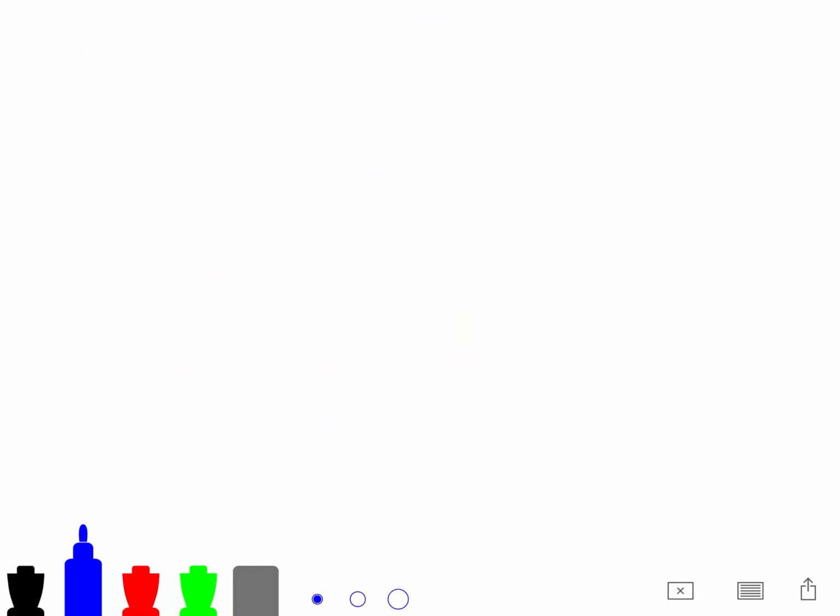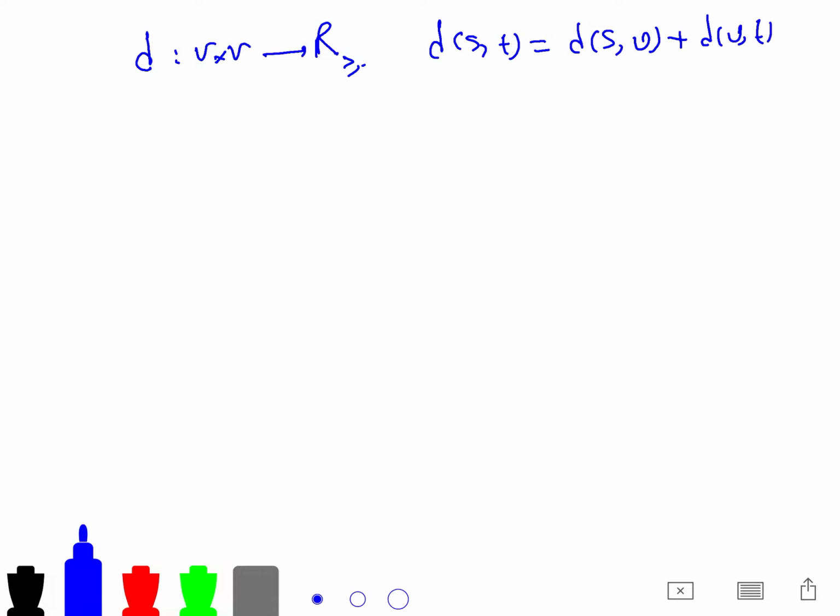But first I should define that we say that this semi-metric D from vertices into R, of course it is positive, is ST separating if D of ST is equal to D of SV plus D of VT.